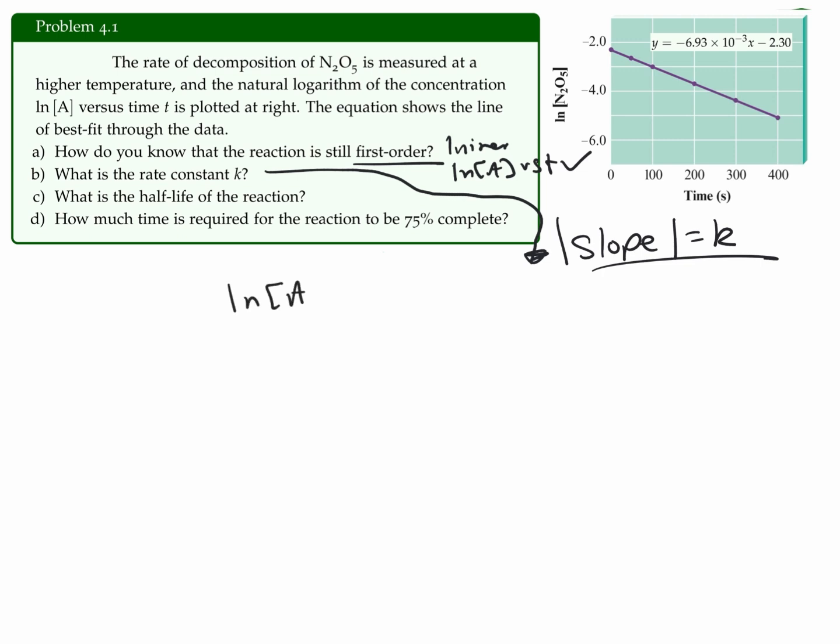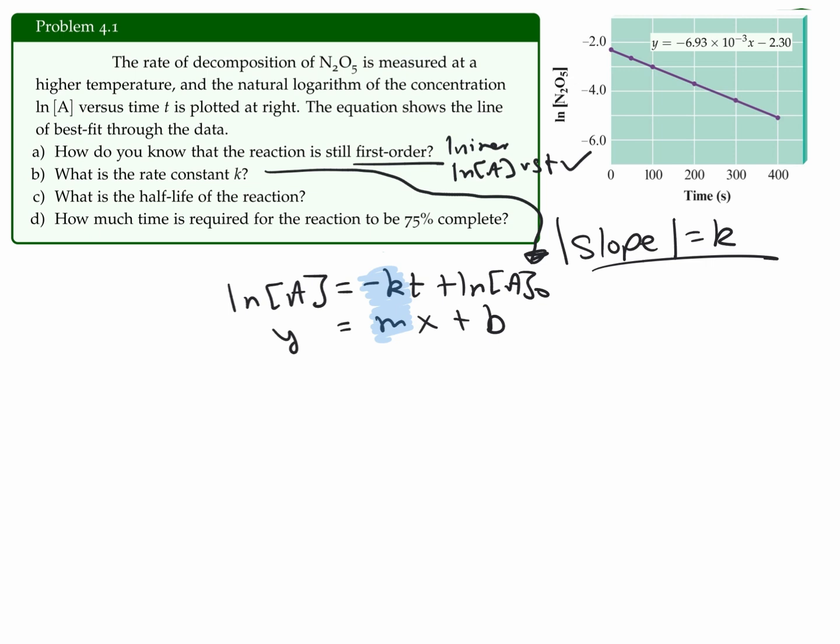The equation off that equation sheet that I'm looking at is ln of A is equal to negative kt plus ln of A0. Again, if I look at y equals mx plus b, even without memorizing that fact, I can quickly identify that negative k is equal to the slope, because that's what lines up in the equation.